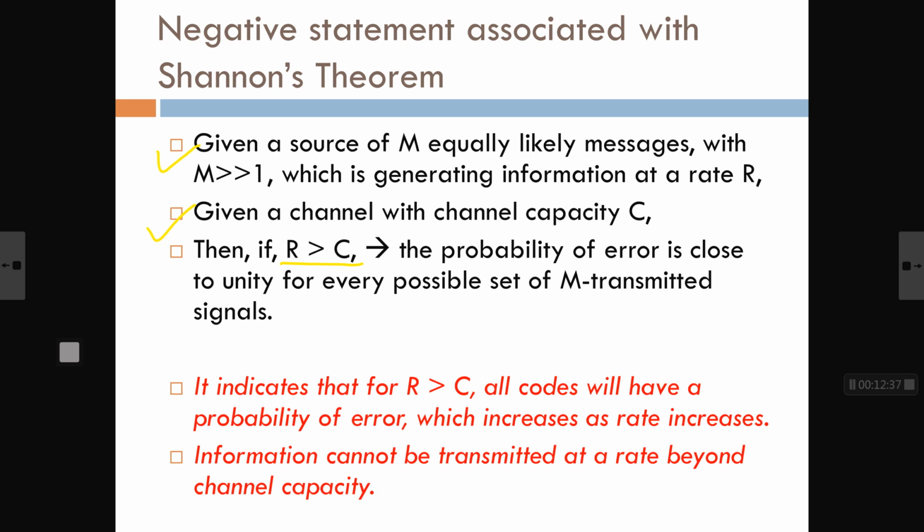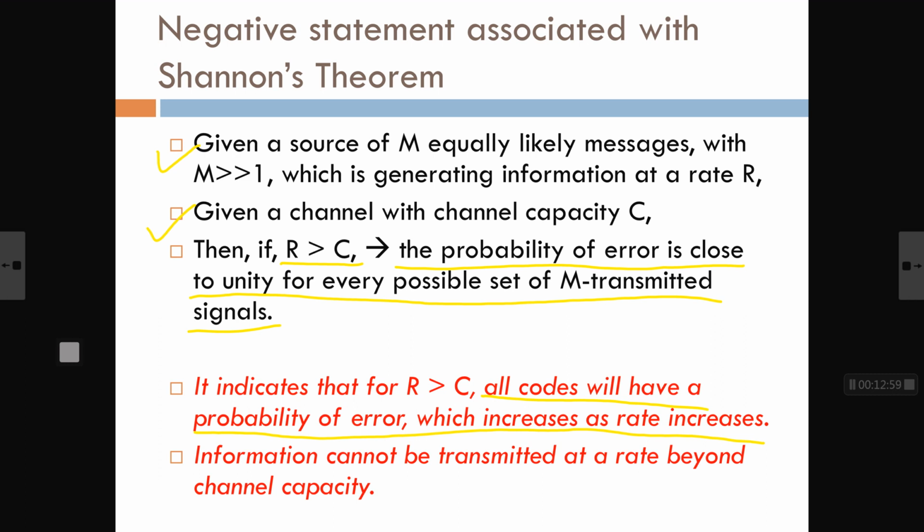What will happen there? In this case the probability of error is very close to 1 for every possible set of m transmitted signals. What does it mean? All the codes which you are transmitting will have some probability of error, which increases as the rate increases.